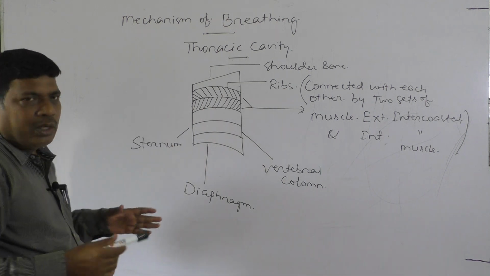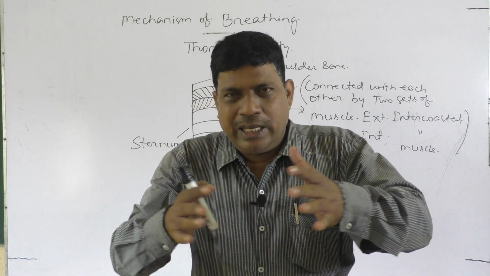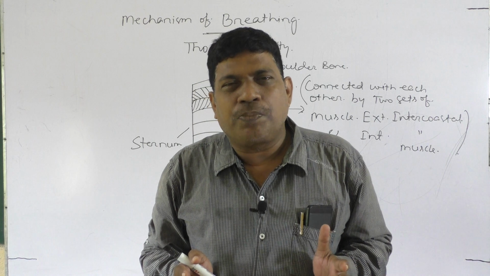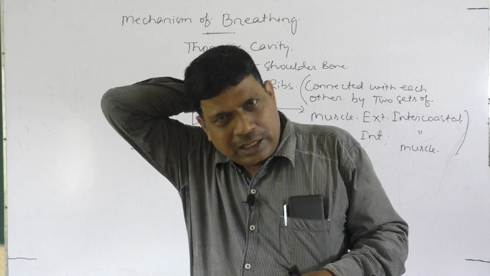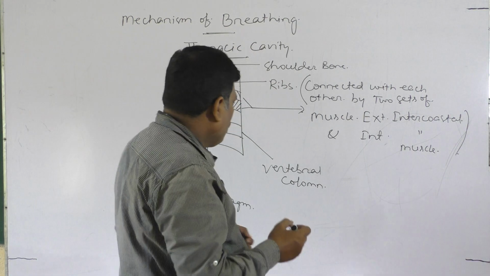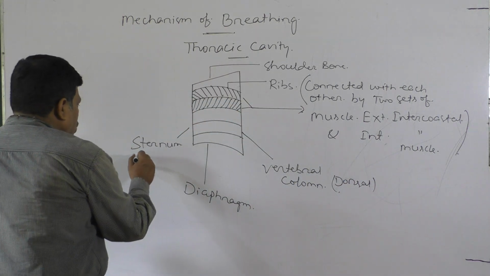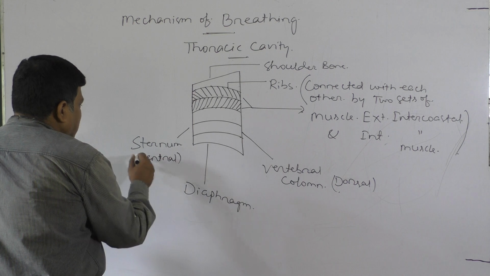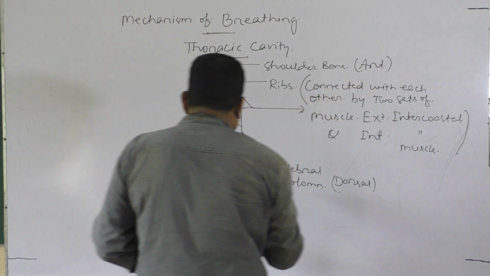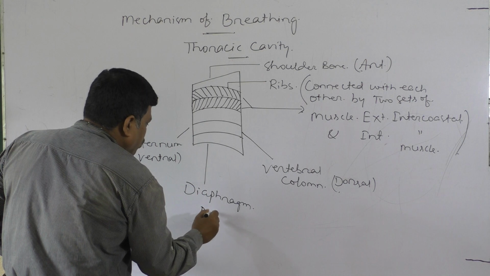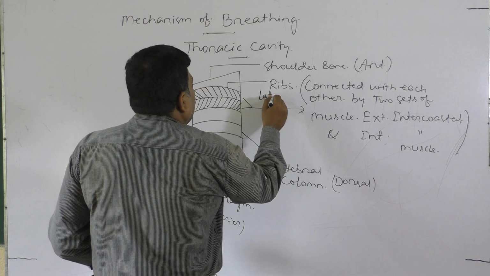In this way, one thoracic cavity is formed, and that thoracic cavity is limited by sternum on its ventral surface and the vertebral column on its dorsal surface, shoulder bone on its anterior surface, diaphragm on its posterior surface, and ribs on its lateral surface.